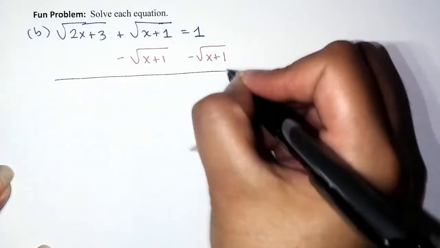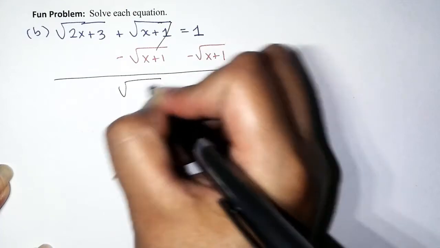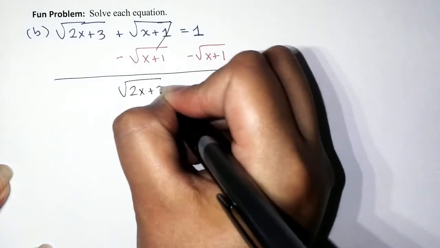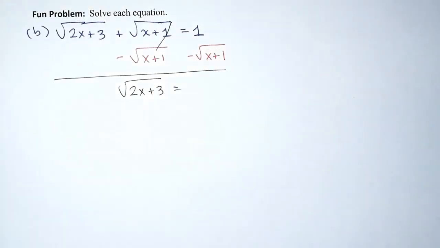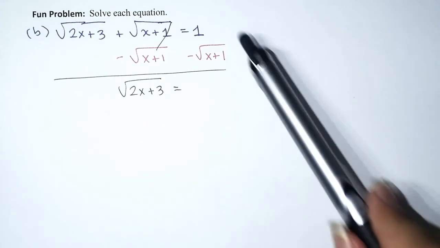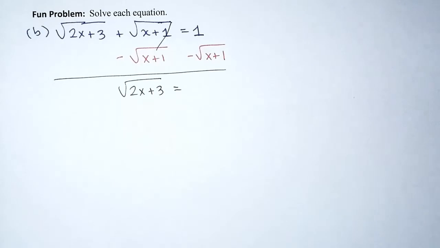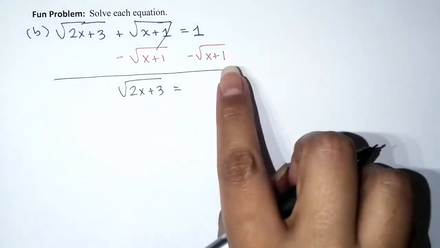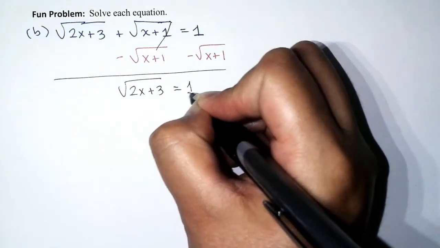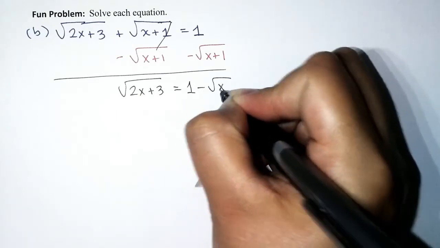That will leave us with the square root of 2x plus 3 is equal to 1 minus the radical, or we could put the negative radical plus 1. For aesthetic reasons, I'm going to put the radical at the end. So we have 1 minus square root of x plus 1.